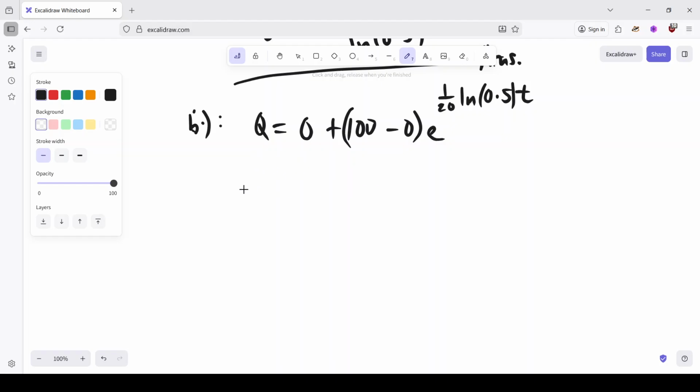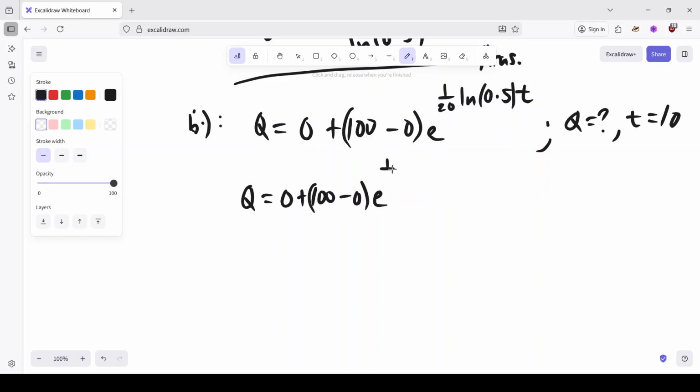Then the Q after 10 minutes, right? So Q is equal to 0 plus 100 minus 0, e raised to 1 over 20 ln of 0.5 times 10. So 100 e raised to, 10 times 1 over 20, so we will have 1 half ln of 0.5.